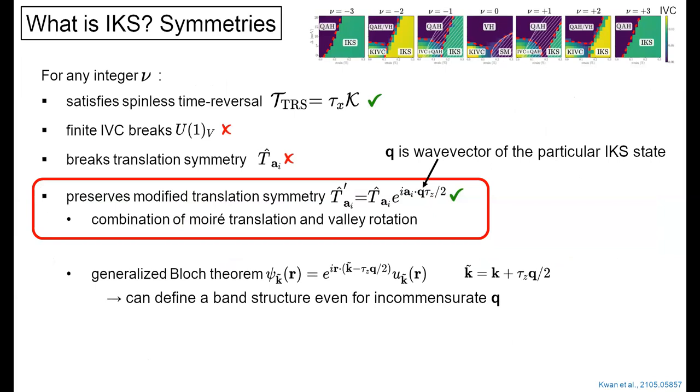It breaks translational symmetry, but it preserves a modified translational symmetry where you translate by a Moiré lattice vector and you rotate the valleys at the same time. Okay, that's the order of the system. You have a symmetry under translation and rotation between the valleys. That's a useful symmetry to use because then you can use Bloch's theorem and so forth.